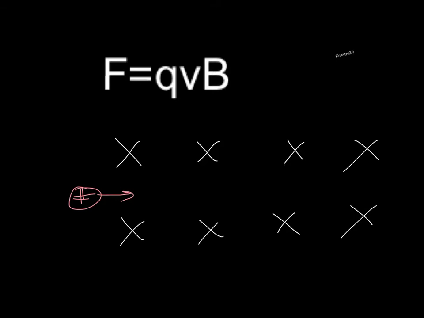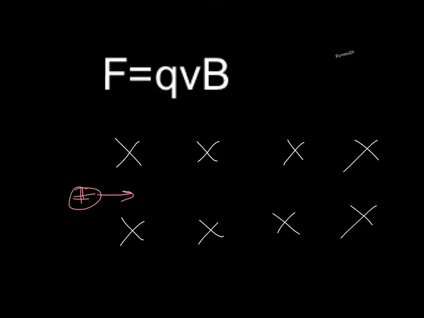Double check: into the board, so your fingers are going into the board. Your thumb should be pointing to the right because it's following your velocity, the velocity of your object, and then it should be being pushed up.